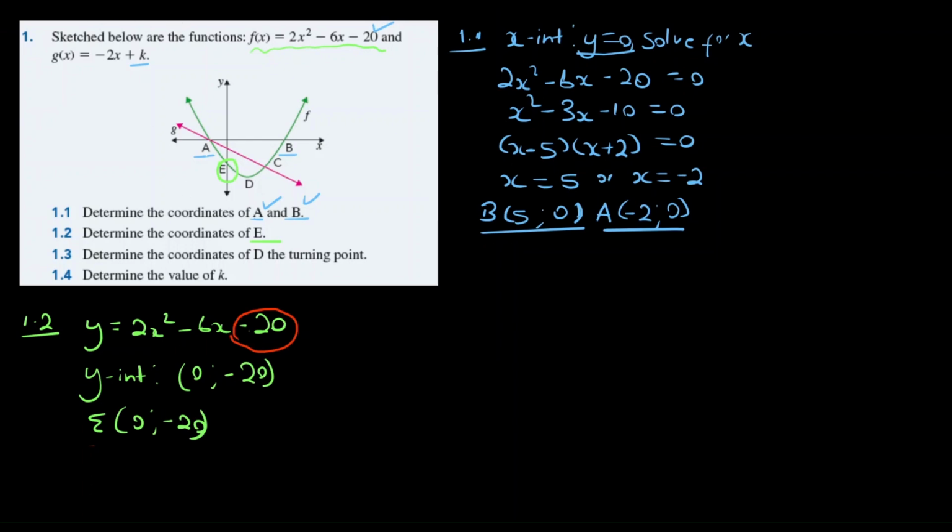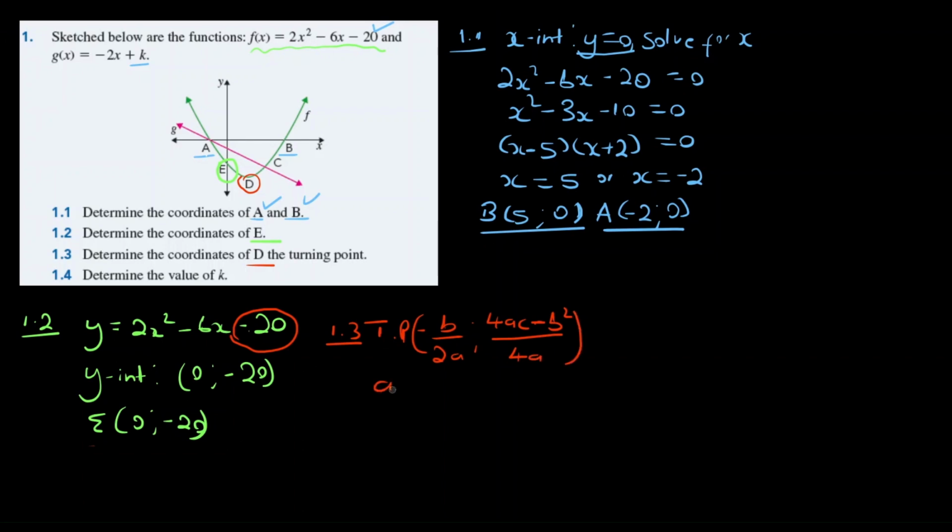So we can move on to the next question, which asks us to determine the coordinates of D, and D is the turning point of the green graph. To determine the turning point, we simply use the hack of saying the turning point is minus b over 2a, comma, 4ac minus b squared divided by 4a.